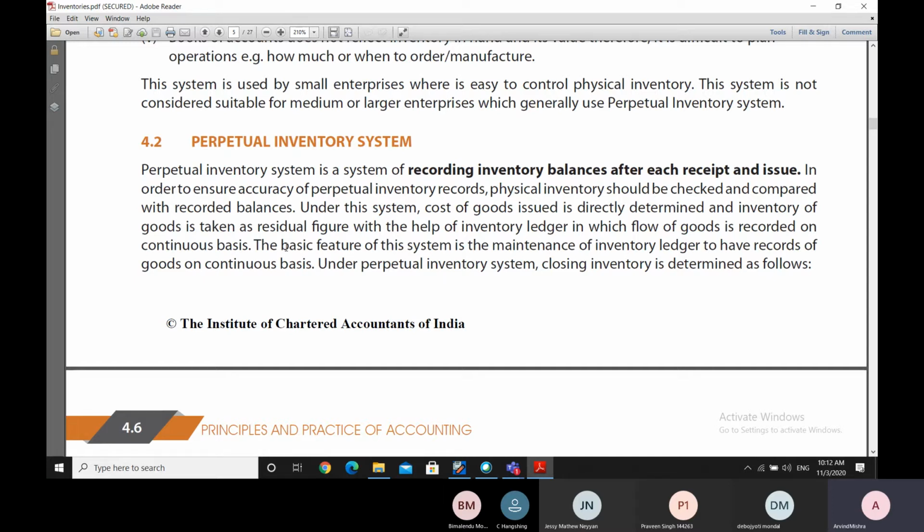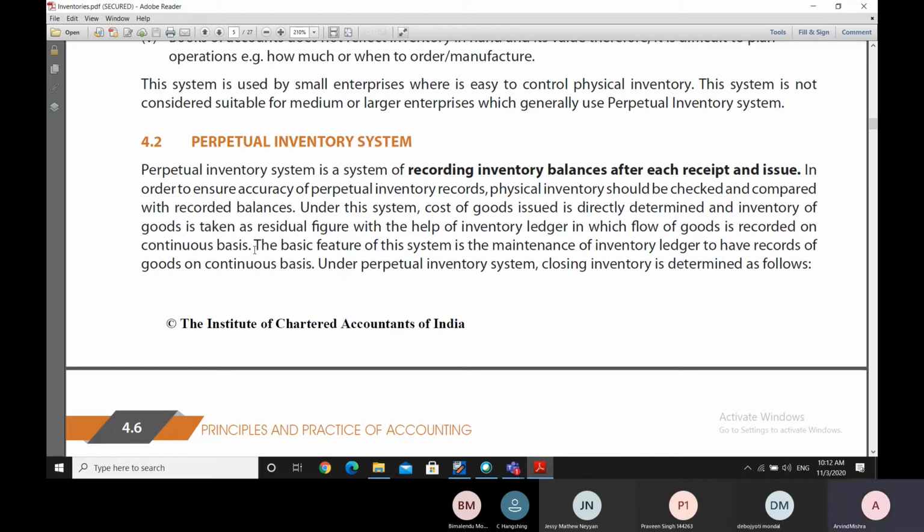And how will the inventory be taken as the residual figure? It will be taken from the inventory ledger, because in the inventory ledger, the flow of goods is recorded on a continuous basis. So when the inventory ledger is seen, we can apply the techniques of valuation there to find out the valuation of the inventory.